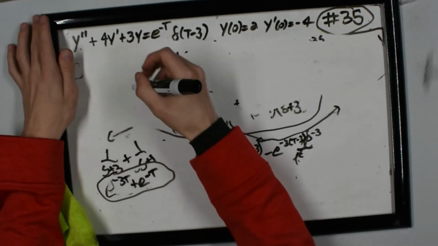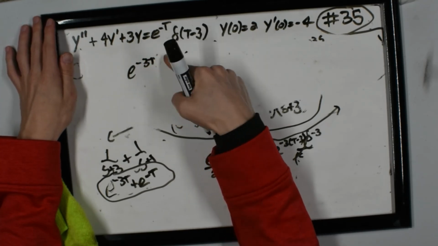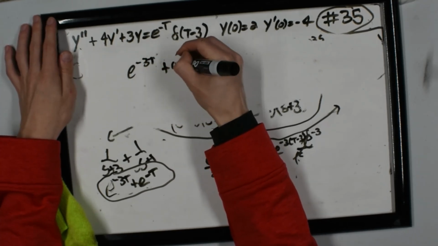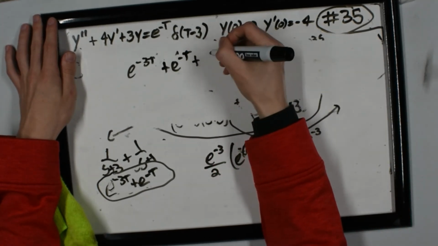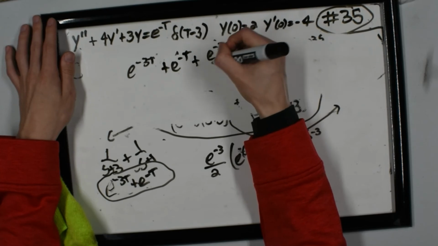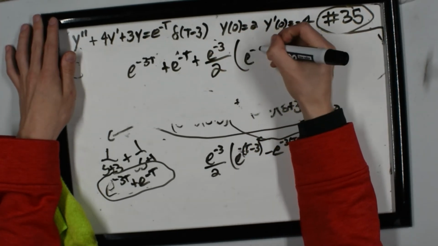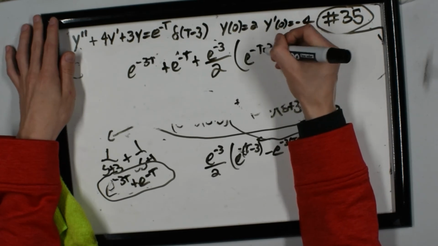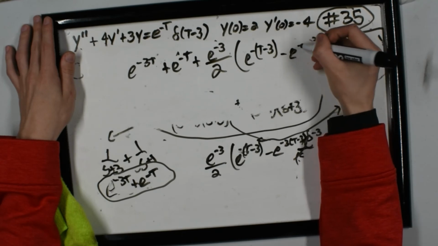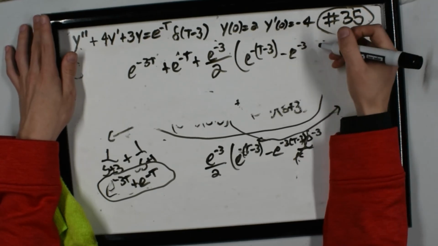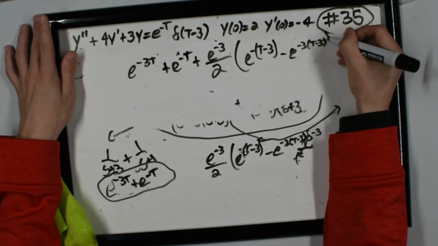So first thing we do is write the regular term, e to the negative 3t plus e to the negative t, and then plus e to the negative 3 over 2 distributed to e to the negative (t minus 3), this whole thing in parentheses, minus e to the negative 3, and then (t minus 3) in parentheses here.